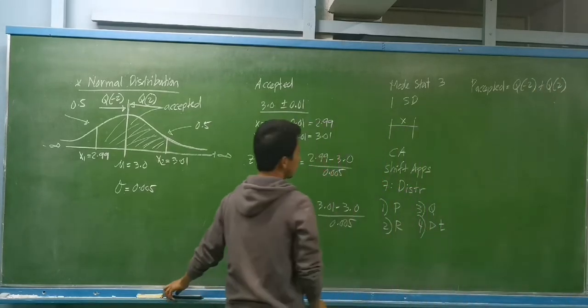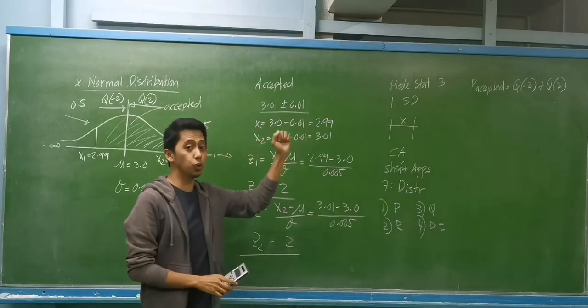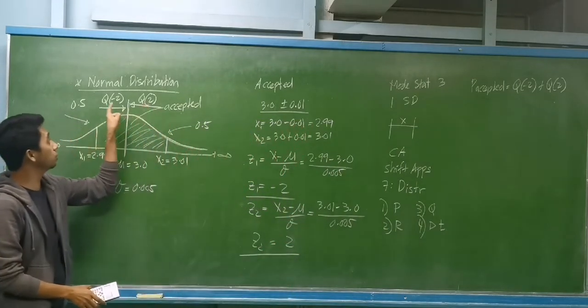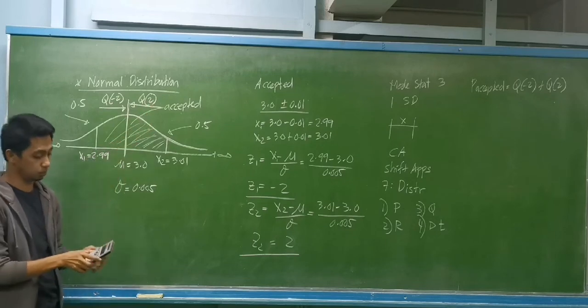Or you can just do 2 times Q of negative 2, since Q of negative 2 and Q of positive 2 are equal.